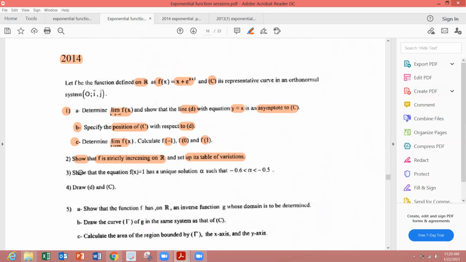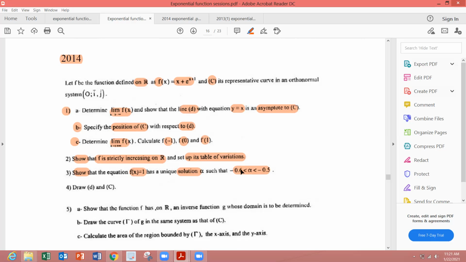Now show that the equation f(x) = 1 has a unique solution alpha, and that alpha is between minus 0.6 and minus 0.5. How to verify that f(x) = 1 has one solution? To verify f(x) = 1 has one solution, our f is continuous and strictly increasing.